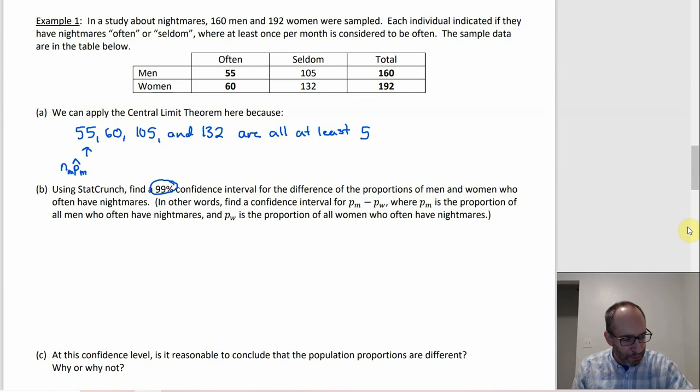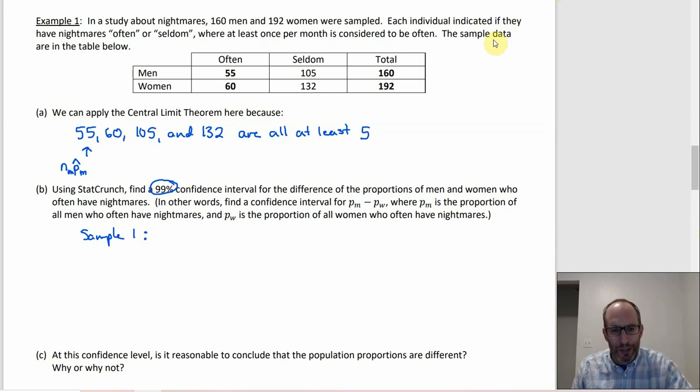Okay, so I guess then we're going to have, for the men, and this is what we're going to need for StatCrunch. And actually, StatCrunch doesn't specify that. Right, StatCrunch just says sample 1, sample 2. So I'll write it to make this look like it's in StatCrunch. So then for sample 1, because the order that we're going in, we're doing it as men minus women.